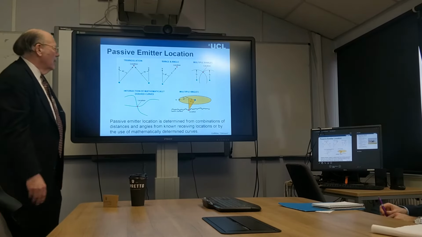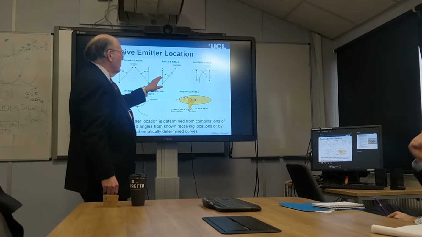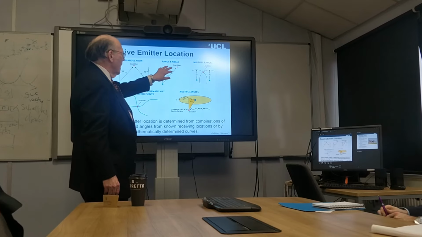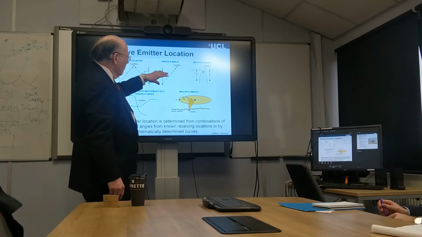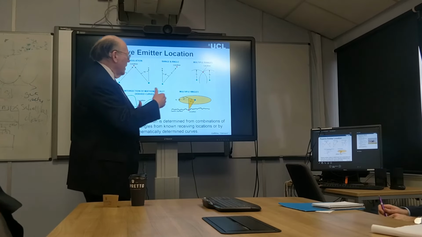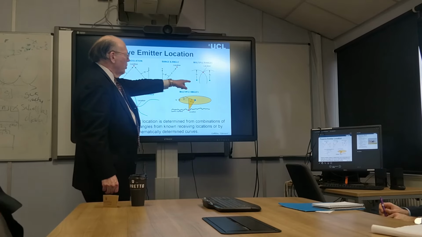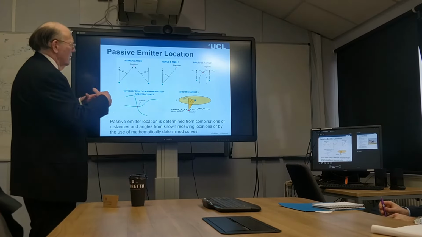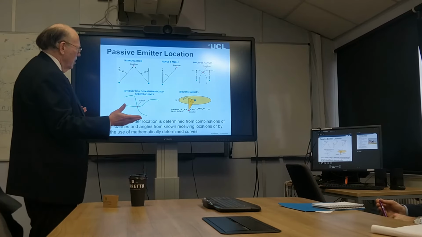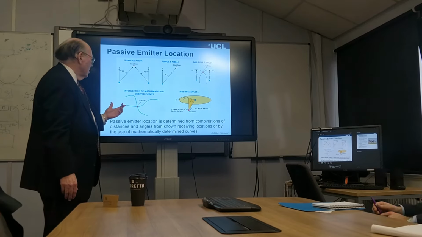So it gives you some indication of azimuth, and if it's very sensitive, it can also give you an indication of range. We could also have multiple ranges: if you had multiple receivers that could measure range, where those intercept would be the estimated location of the signal.